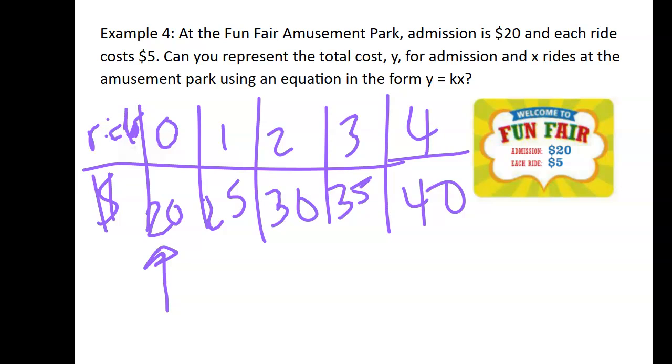In all of your other proportional tables, 0 will be 0. Like in the previous one, if you walk into the theater but you buy 0 tickets, you're going to pay $0. But in this one, you have an upfront charge. So that's why the unit rates weren't equal. So this is not proportional.